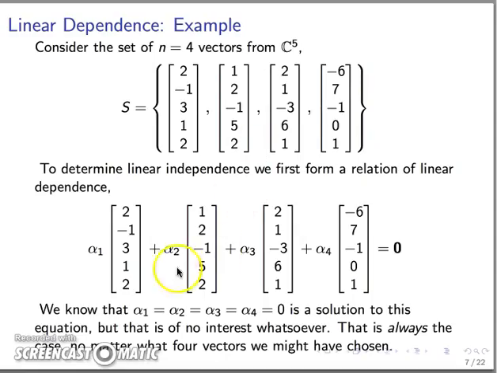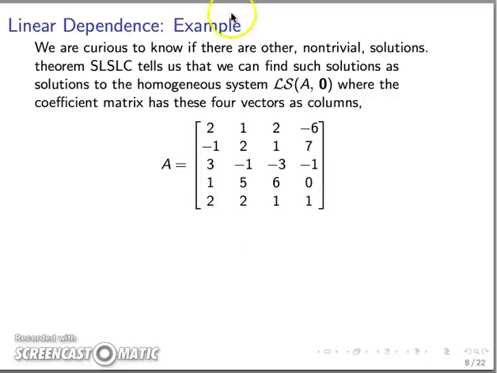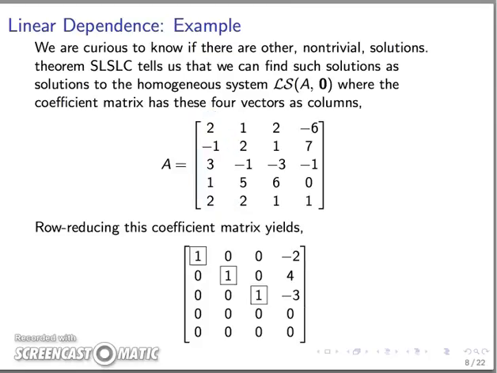So thinking of it as a homogeneous system, we store each of these column vectors as a column of this matrix. We think of this as the matrix of coefficients of a homogeneous system, and then we go ahead and row reduce.